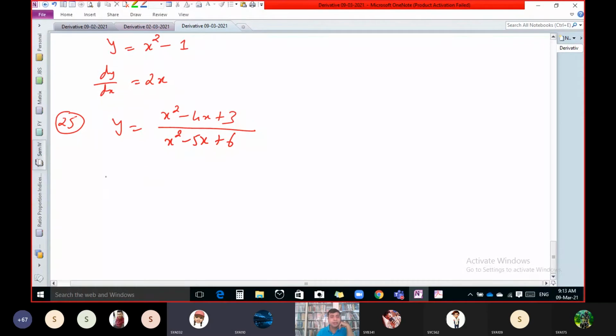No, we require to do the derivative. Simplification doesn't give any better form compared to this one. So let us try to find out the derivative. Sorry, factorization of this. What is the factor of x square minus 4x plus 3?